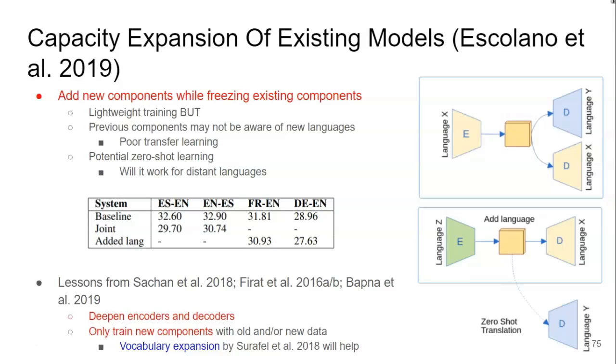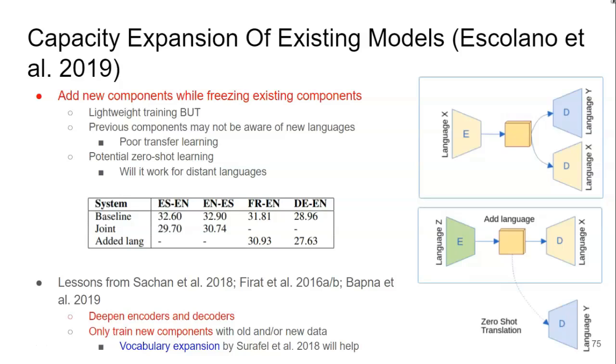Escalano et al. proposed some techniques for capacity expansion of existing models. The idea is to add new components while freezing existing components. On the right hand side, you can see an encoder and two decoder setups, where on the source side you have language X, and on the target side you have language X and language Y. Suppose you add a new language Z, then all you have to do is take a language Z, language X parallel corpus, freeze the entire model with the exception of the encoder for the language Z, and then train the entire model.